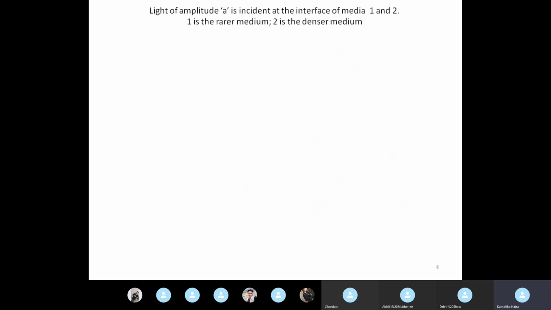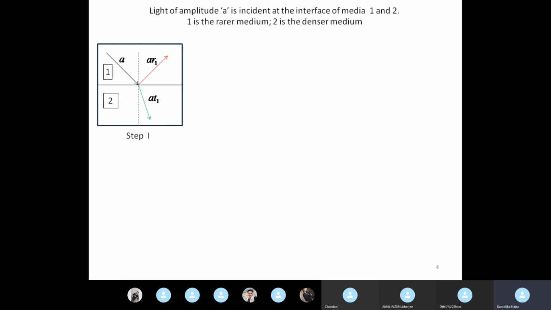So now what we have is a light ray of amplitude A incident at the interface of media 1 and 2. 1 is the rarer medium and 2 is the denser medium. So clearly, if this is the incident ray of amplitude A, some part of it will be reflected and some part will be transmitted.